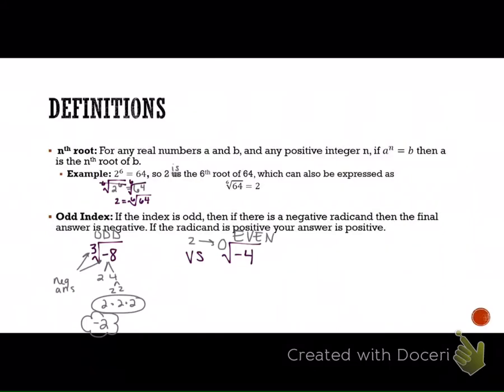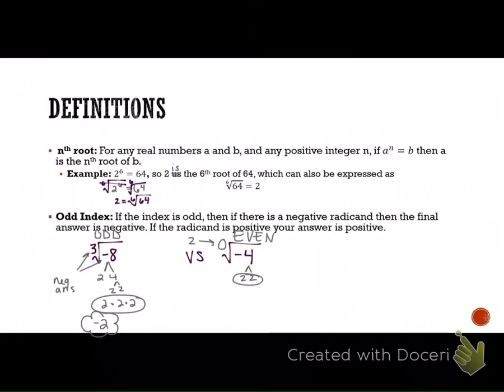The problem here is, with this one, the same number times the same number is a perfect square. So typically, we would say the answer to this is 2. But 2 times 2 is not negative 4. Is negative 2 times negative 2 negative 4? No. Is there any way to make a negative number by multiplying the same number times the same number? No, because one's going to have to be negative and one's going to have to be positive.